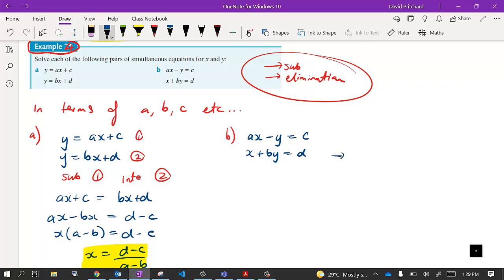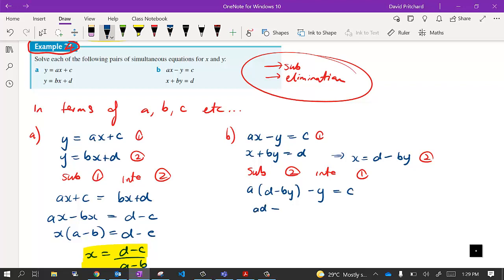So I can say that x is equal to d take by, because I can just subtract by from both sides. So now we've got 1, and we've got 2, and we can sub 2 into 1. So that gives me a(d take by) take y is equal to c, and we can go about our business trying to isolate y.